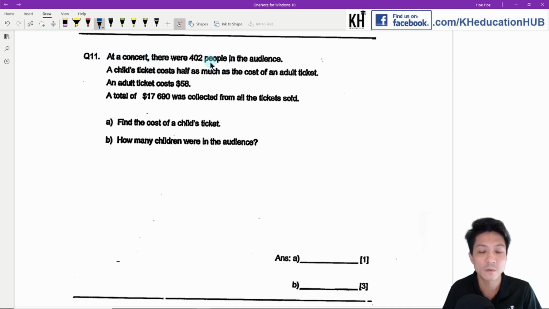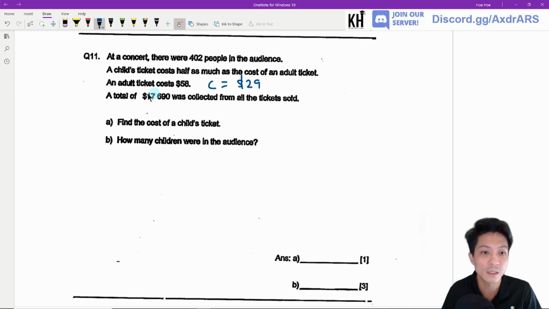At the concert, there were 402 people in the audience. A child's ticket costs half as much as the cost of an adult ticket. Okay, an adult ticket costs $58, which means that a child's ticket will be 58 divided by 2, right? $29. We can immediately write this down.